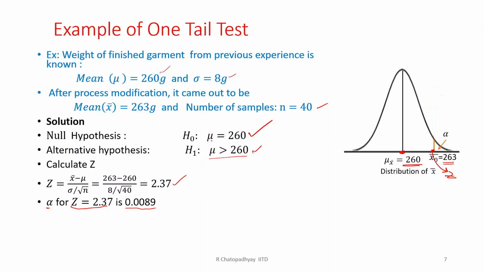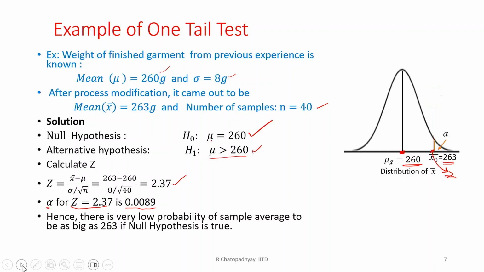Whenever you are listening to this lecture, you must keep the tables ready in front of you and try to find out whether these values are correct or not, or how to read the Z values or alpha values, whatever is required. Here the Z values are given. We need to know the corresponding alpha value.